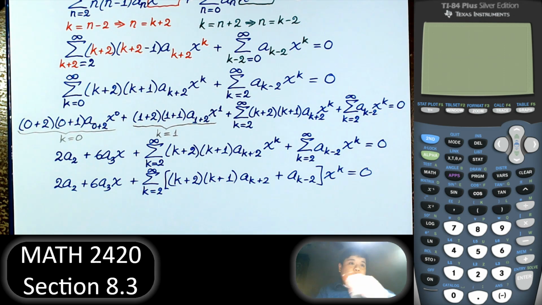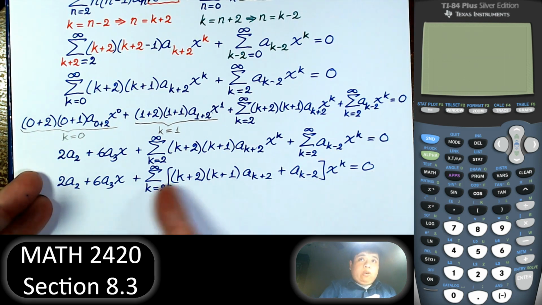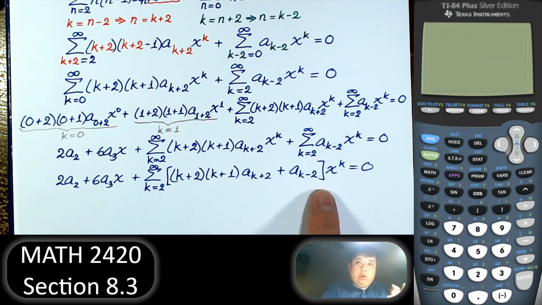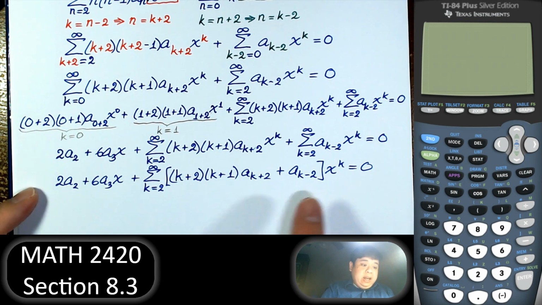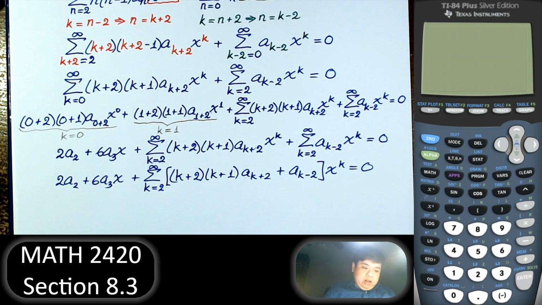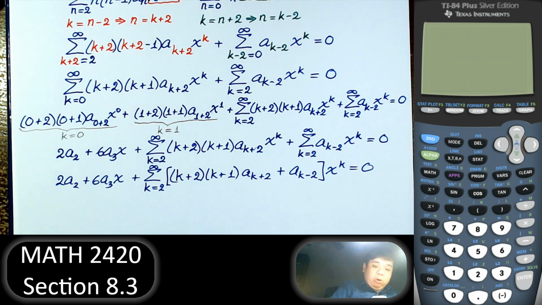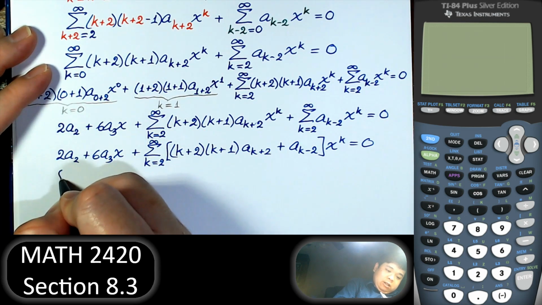Now, we have the series combined. All of that equal to 0. A polynomial equal to 0, which means we have all the coefficients equal to 0.